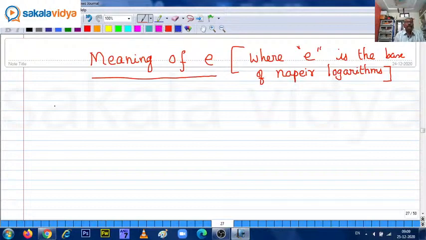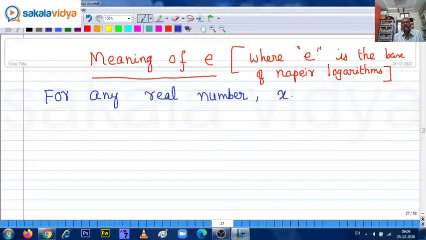See, for any real number x belongs to R, that means the real number system, e power x, e raised to x, is called the exponential function.